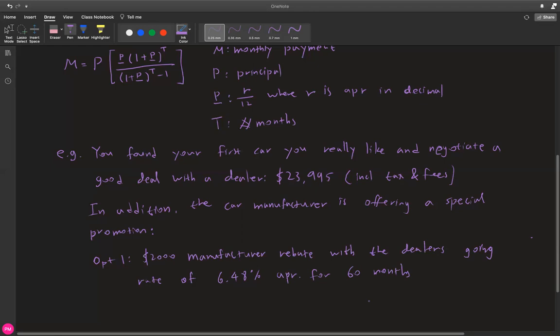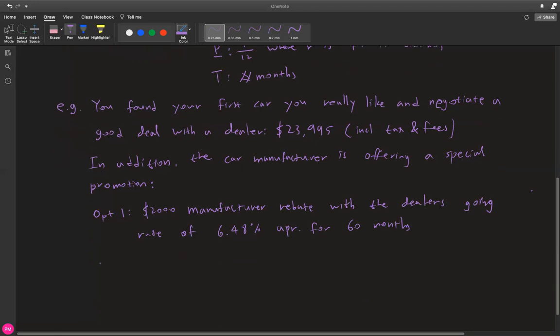Or the second option is you opt out of the dealer's rebate, but instead you can go with your bank's special financing at 1.2% APR.